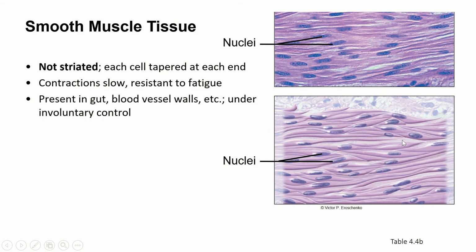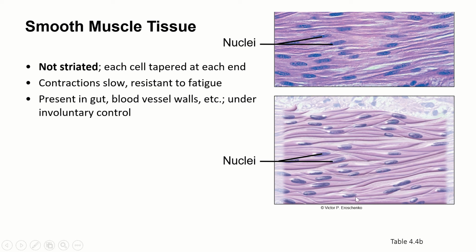Now, the final type of muscle tissue is smooth muscle. Smooth muscle, it's not striated. Its individual cells are tapered at each end. Smooth muscle acts a little differently, whereas cardiac muscle just constantly contracts. Skeletal muscle can contract quickly or slowly depending on the demands on it.